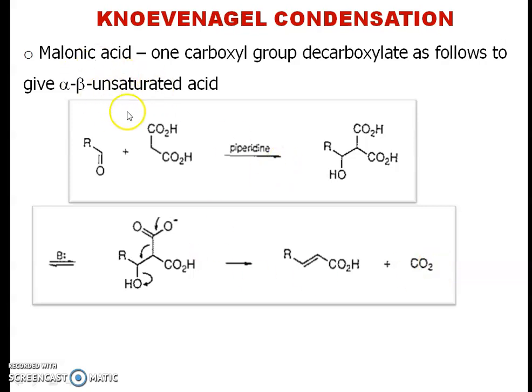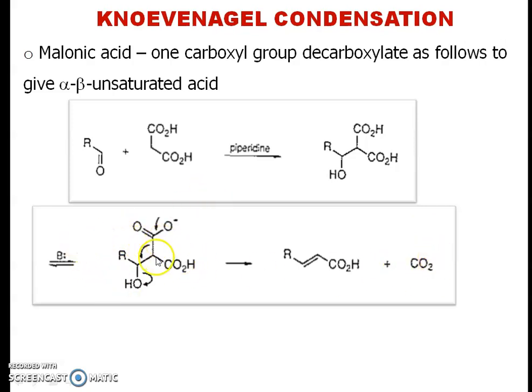Another type of Knoevenagel reaction is, instead of malonic ester, you can use malonic acid. If you use malonic acid with the carbonyl in the presence of piperidine, you get this compound, and in the presence of base it deprotonates one of the carboxyl groups and undergoes decarboxylation, and carbon dioxide gets eliminated.